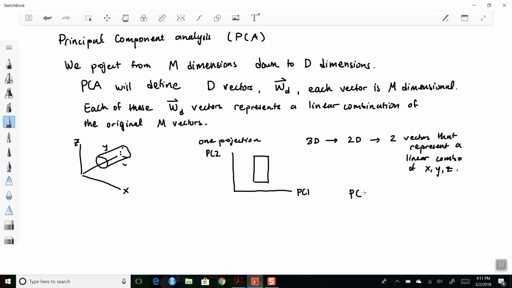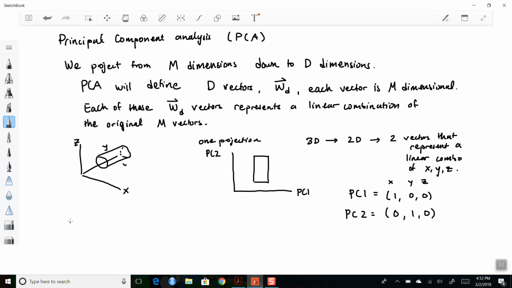What is PC1? If we have X, Y, Z, PC1 is just equal to 1, 0, 0, right? We've basically just projected down, and we've completely gotten rid of the information contained in Z, right? And PC2 would just be 0, 1, 0. Okay? So that's one possible projection, okay?